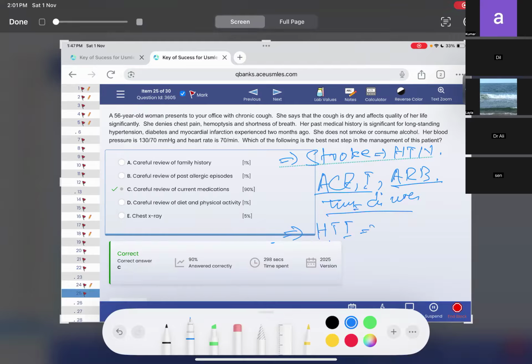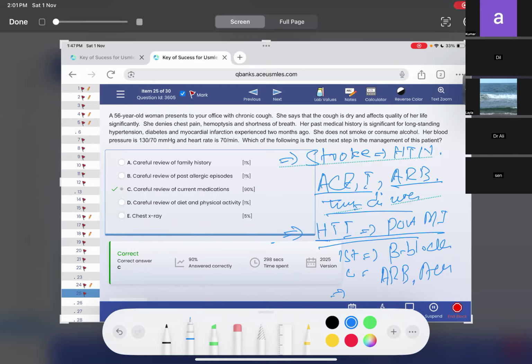Now hypertension in a patient post MI. Which type of medication do we usually give? A patient with MI is usually hypertensive as well. We can give first line a beta blocker, usually a selective one like carvedilol or metoprolol, and we can also give them ARBs and ACE inhibitor.